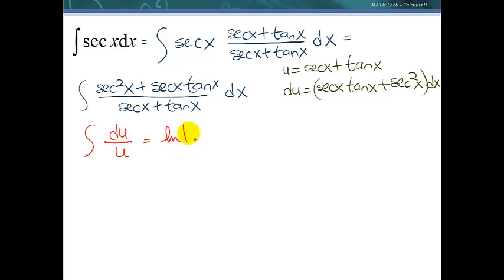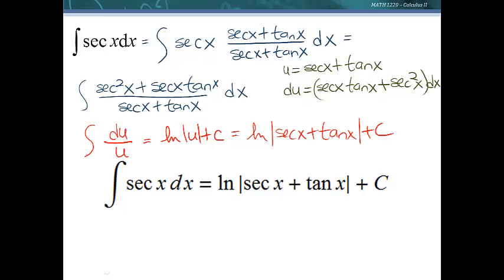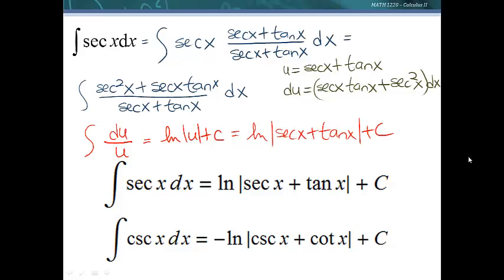Well, that's just the natural log of u plus a constant. So substituting for u, we have the natural log of absolute value secant x plus tangent x plus a constant. So the integral of secant x dx is natural log of absolute value secant x plus tangent x plus a constant. We could do a very similar thing for cosecant, and we would find it has the negative and then has the cofunctions there.